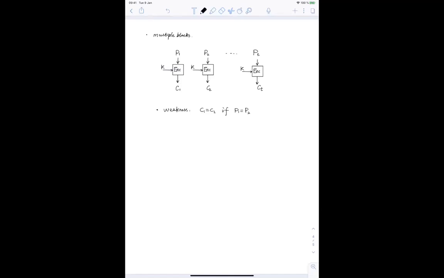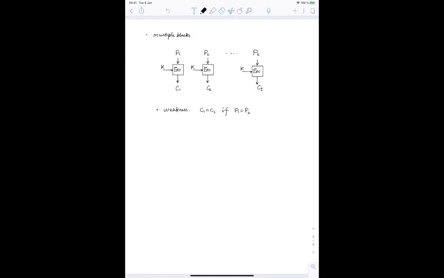The reason is that for some types of original data, it could be that several blocks are exactly the same. For example, if we have taken a picture of the sea or the sky, then for many pixels, the color of the pixel is the same.